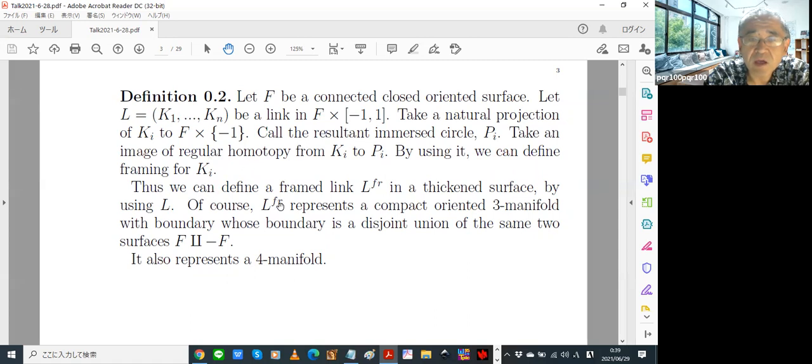Of course, a framed link L represents a compact oriented three manifold with boundary that is the disjoint union of the same two surfaces F and minus F. It also represents a four manifold, the surgery or attaching four-dimensional two-handle along the framed link. By this, we can define framing.